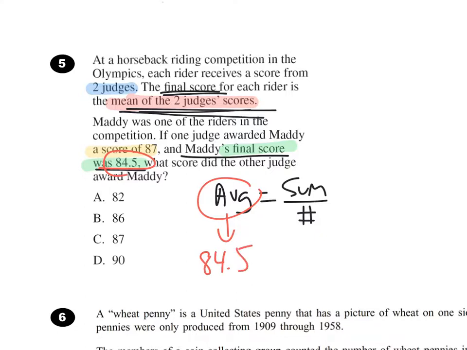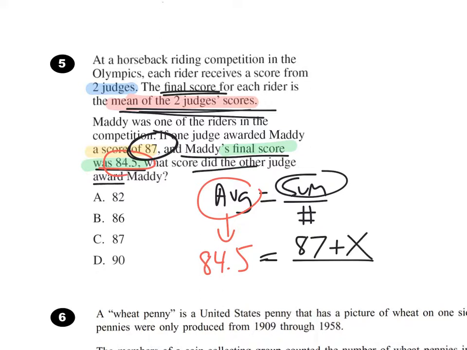The question's saying, what score did the other judge award Maddie? Well, for the sum, I know one judge gave her an 87. So if I take 87 and I add the other judge's score, which I'll call X, and divide the sum by the number of numbers, in this case there's 2 judges, so I'm going to take 87 plus X and divide it by 2.